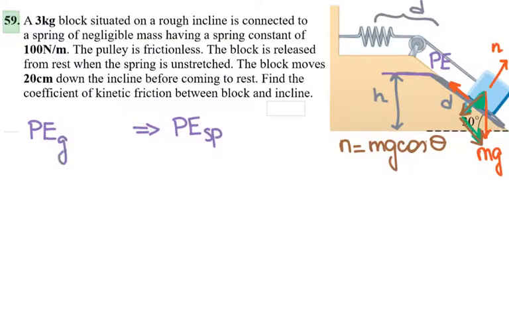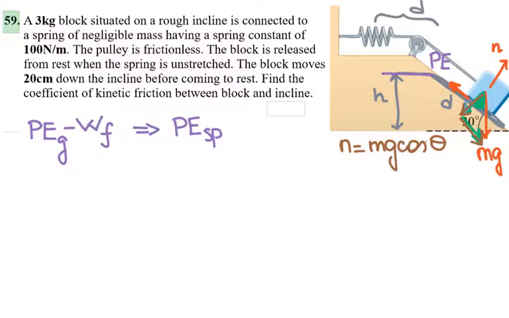So if I only had the gravitational potential energy, the block stretches, loses all the potential energy. That means all that energy must have gone into the spring energy. But there's friction, so I have to subtract the work done by the friction from the potential energy, and then the rest of it is going to go to the spring energy.